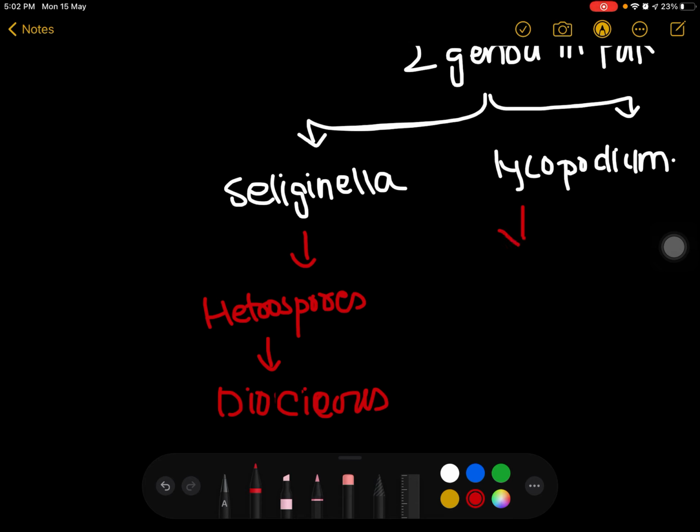Second is Lycopodium, which is homosporous. They are homospores and they are monoecious.